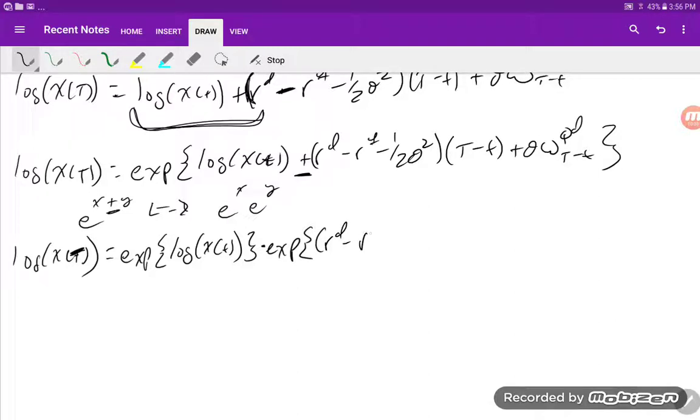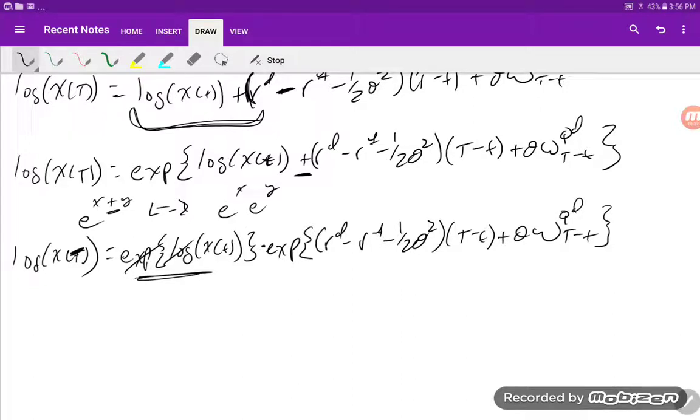Rd minus Rf minus 1/2 sigma squared (T minus t) plus sigma W^Qd_(T minus t). Okay, and now again, exponential of a log just cancels.